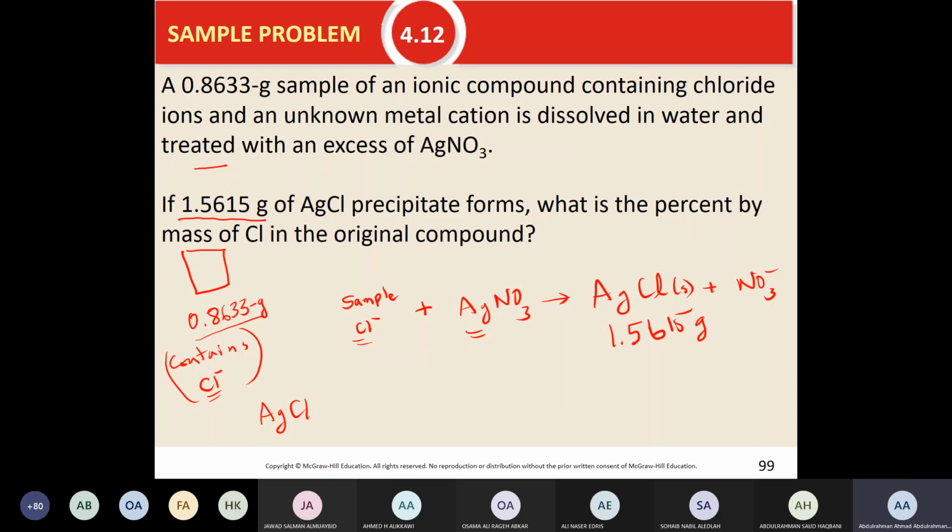From this, I have 1.5615 gram AgCl. Can I change this to mole? Yes, divide by the molar mass. What's the molar mass of AgCl?